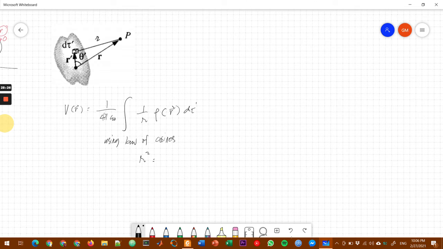So that's actually r squared plus r prime squared minus 2 r r prime cosine theta prime.